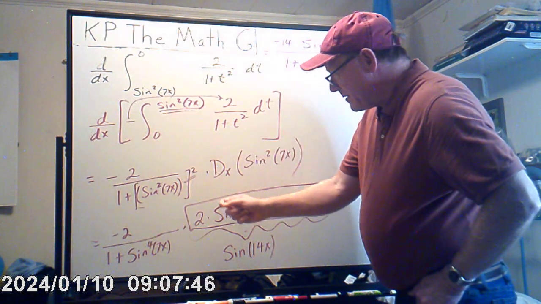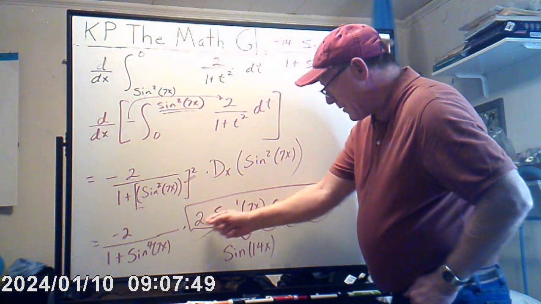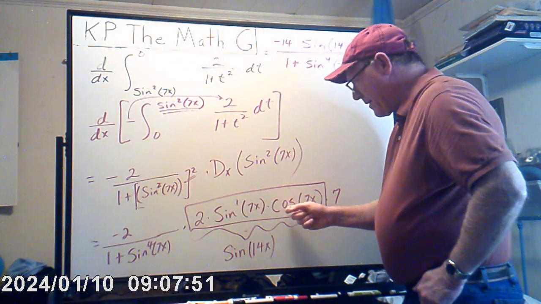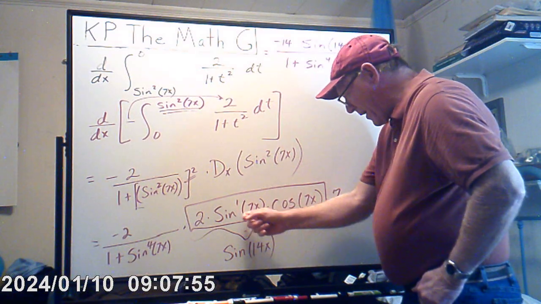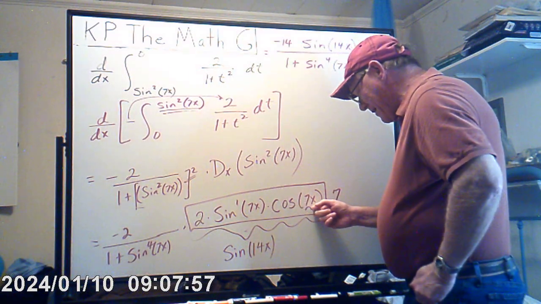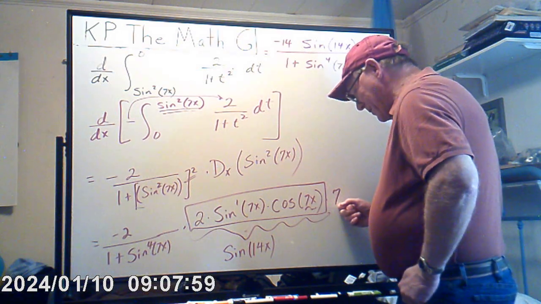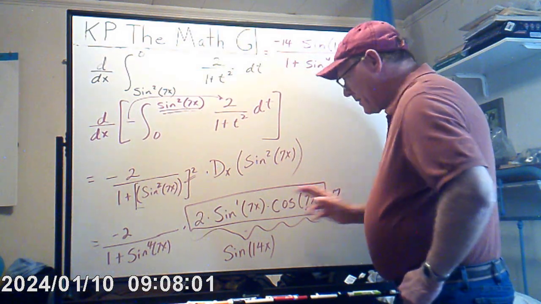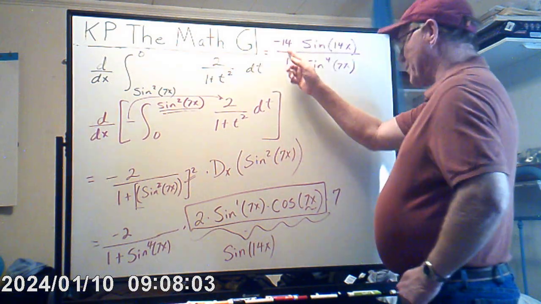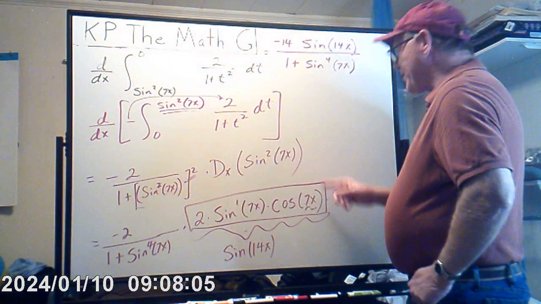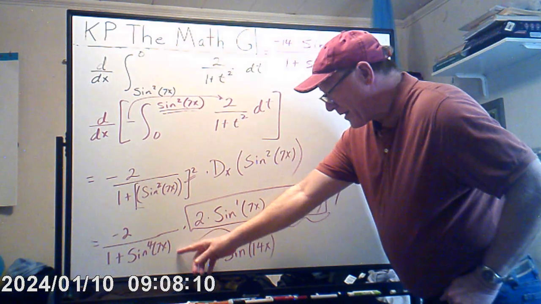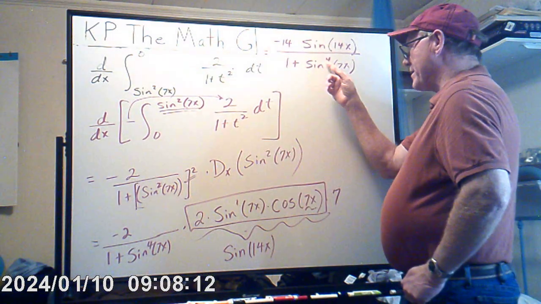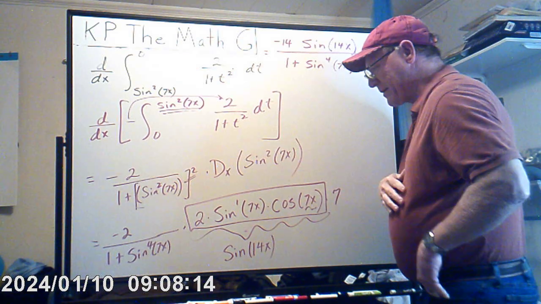Alright, now, again, 2 sine A. I need to take the derivative of sine, which is cosine A, and then take the derivative of this, which is 7. 7 times negative 2 is negative 14. This is sine 14x, and then just recopy this 1 plus sine raised to the 4th 7x.